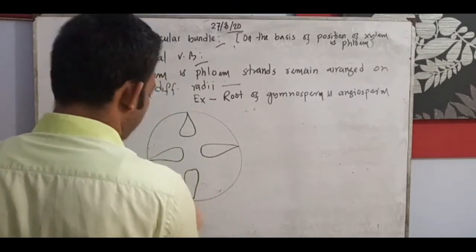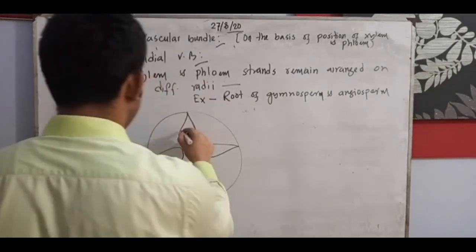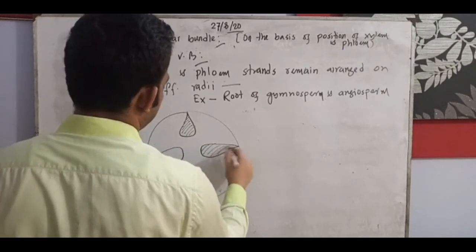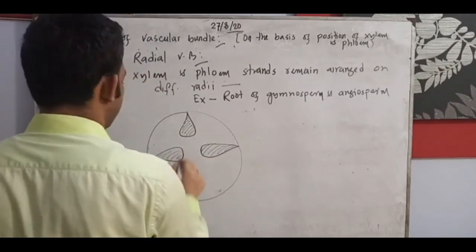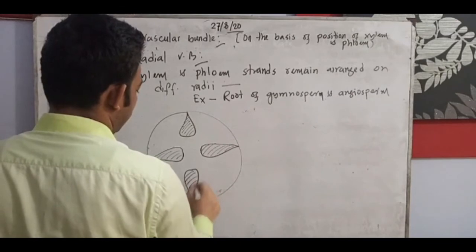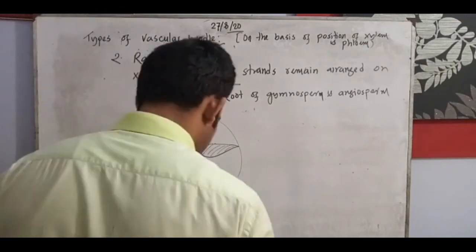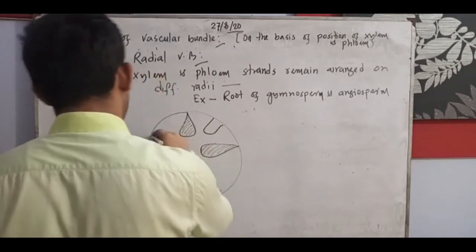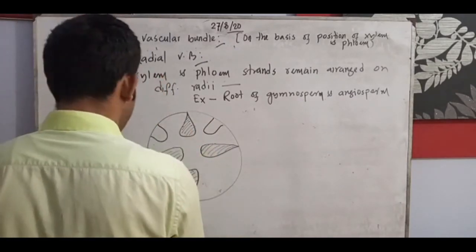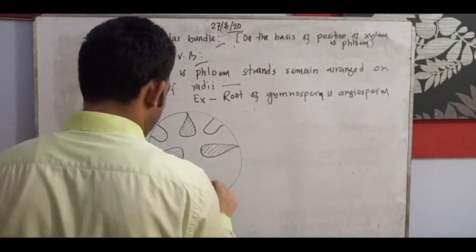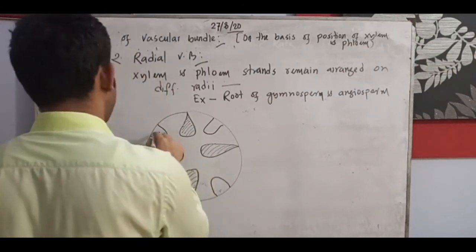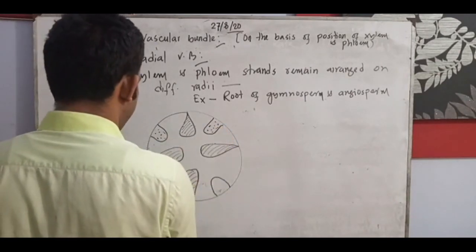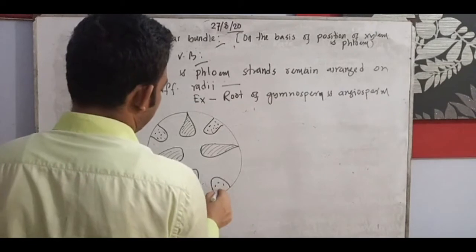Okay, suppose this is the xylem. Okay, this is a xylem. You can give this marking for understanding. So these are different radii, and in between them we draw another layer, that is the phloem. It is not similar to what we have seen previously, where xylem and phloem were on the same radius, but here xylem and phloem are on different radii.